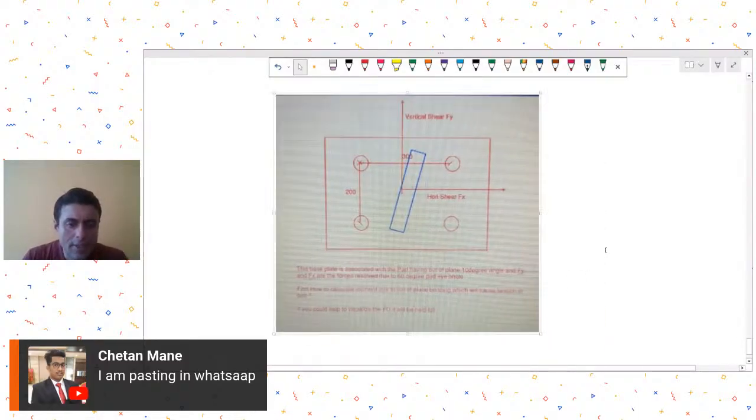Engineer Chetan is asking, this base plate is associated with the pad having an out of plane 10-degree angle, and Fy and Fx are the forces resolved due to the 60-degree pad eye angle. How to calculate moment due to out of plane bending which will cause tension in bolts?